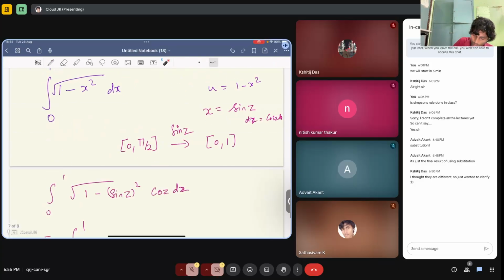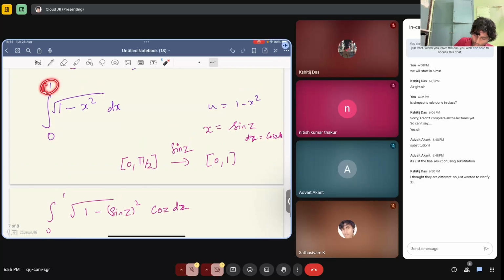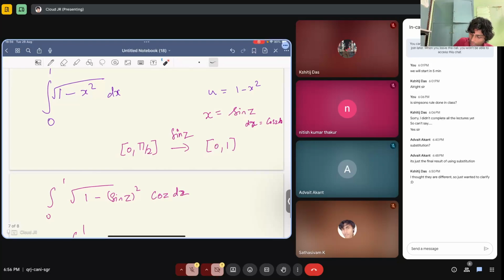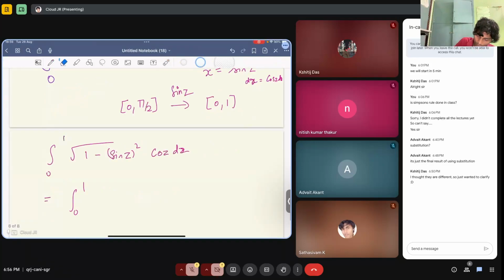And you also have to change this domain here. So it has to be some kind of bijection. At least when you have a bijection, it works. I don't know if the bijection is necessary. Look at what happens with these limits. When x is 1, you will have z equal to pi by 2.